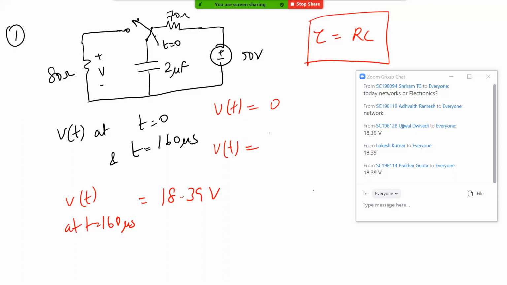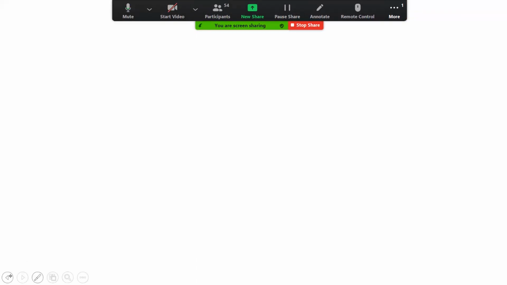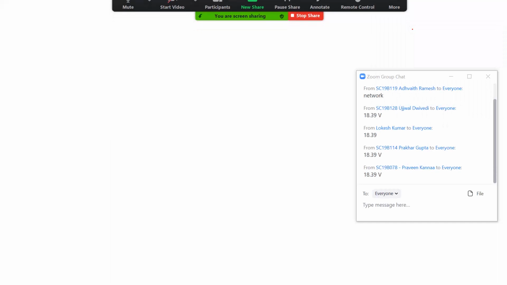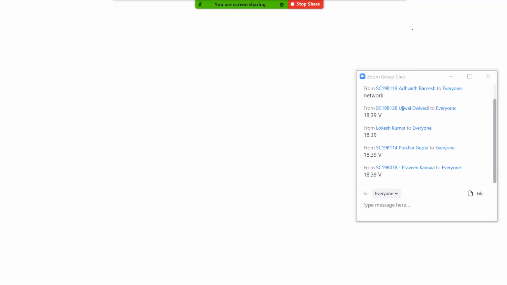All right. So in the circuits that we have seen till now, we had either one resistor and one capacitor, or one resistor and one inductor. In some of the earlier problems we had multiple resistors, but those can be collapsed down to a single resistor.